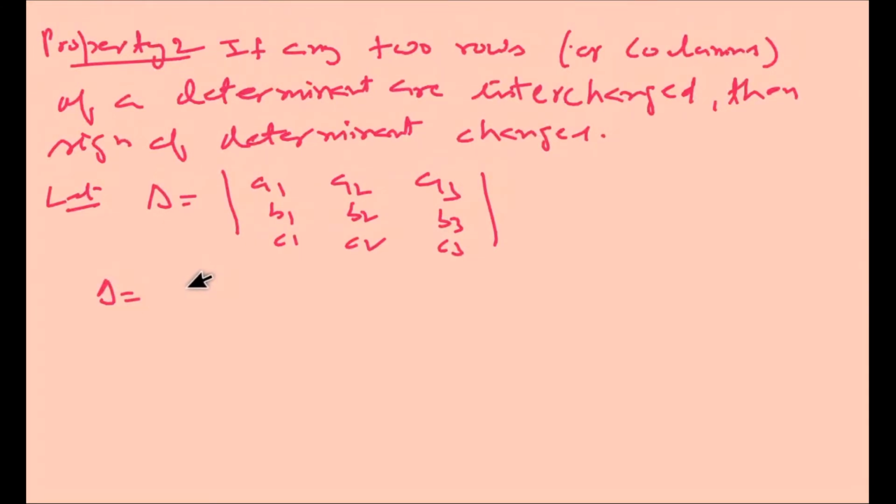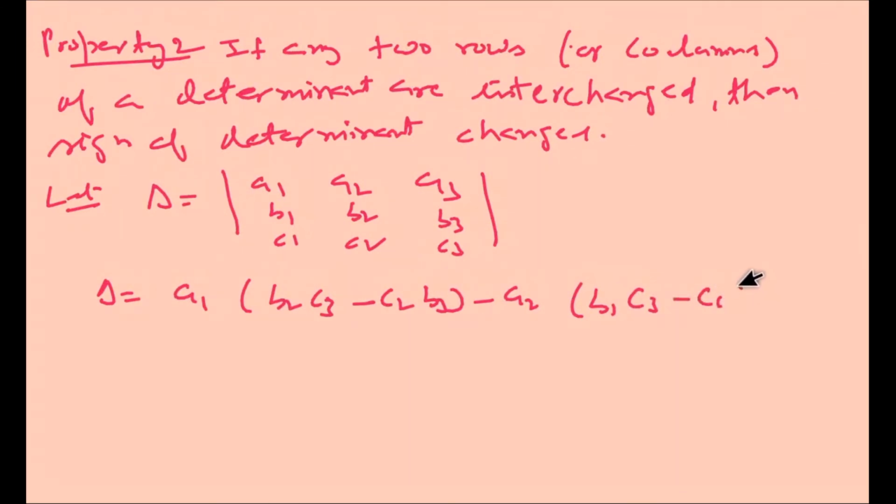Expanding from R1, delta is a1 (b2 c3 minus c2 b3) minus a2 (b1 c3 minus c1 b3) plus a3 (b1 c2 minus c1 b2).